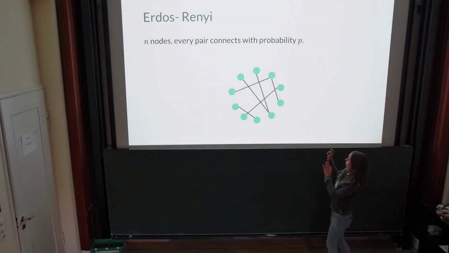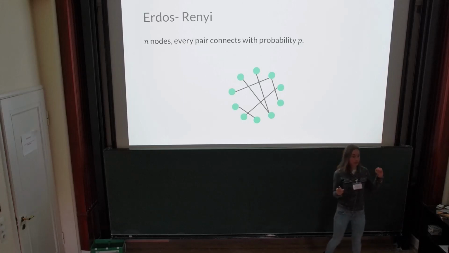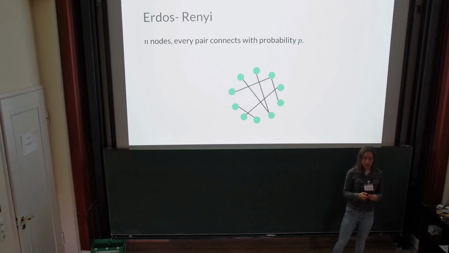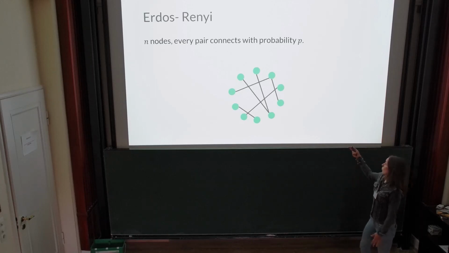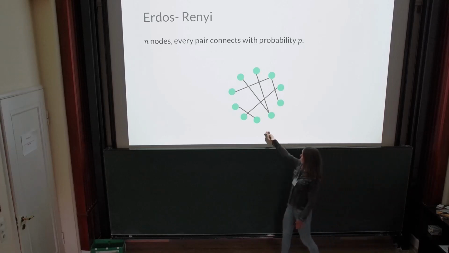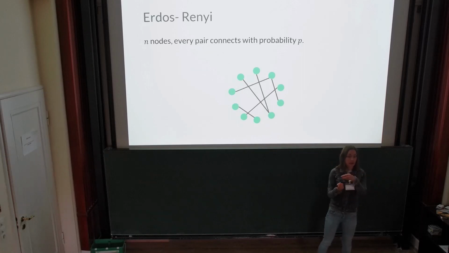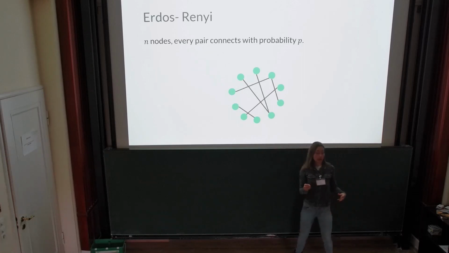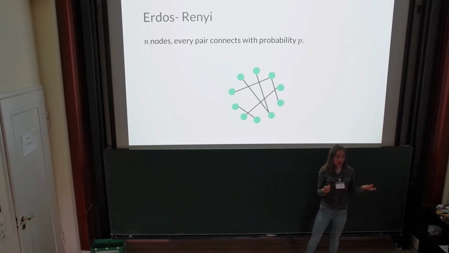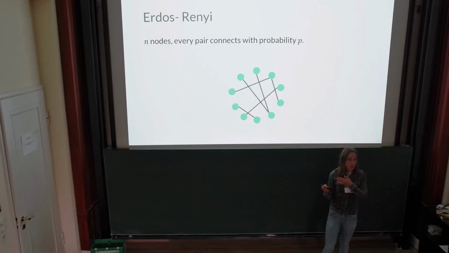In this random graph model, you have n nodes, and every pair of nodes connects independently with probability p. So what then happens? The degree distribution of every node is of course binomial with n-1 and probability p, because to each of the n-1 other nodes, you have probability p of connecting.